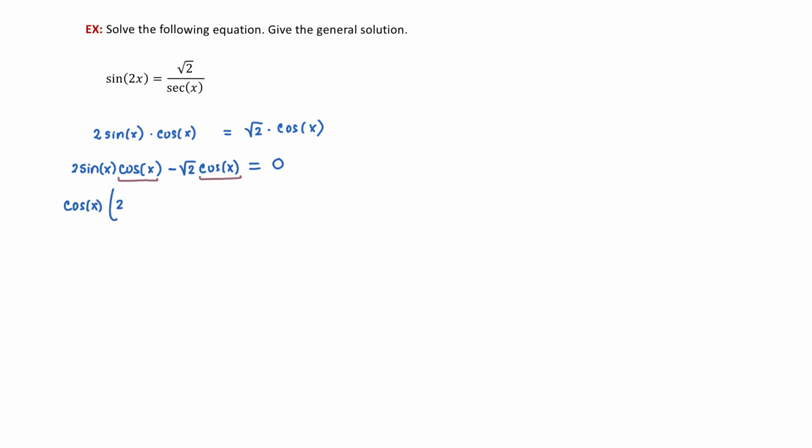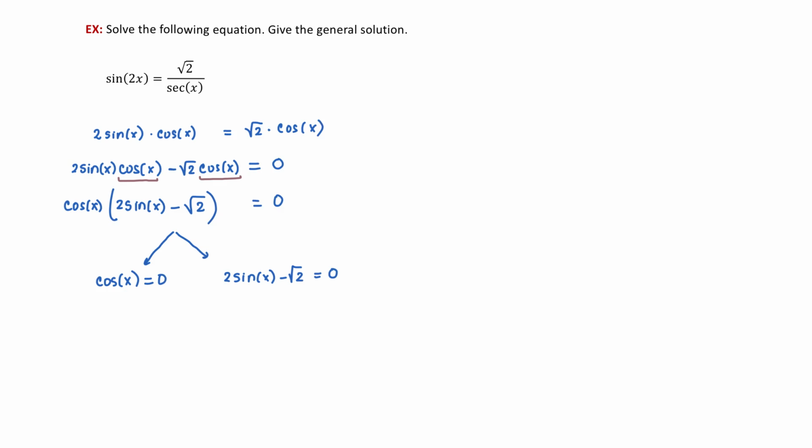So now I'm going to have 2 sine x minus the square root of 2 on the left side. So nice. Now from here, I can say that cosine x is going to be equal to 0, or 2 sine x minus square root of 2 equals 0.